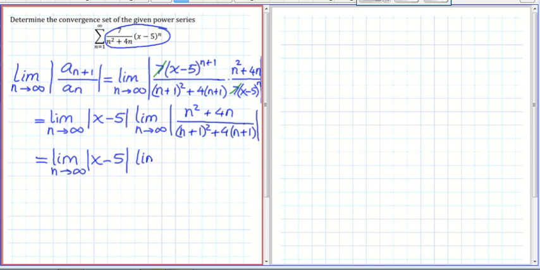On the bottom we have n squared, and after that everything will be less than n squared. It doesn't matter, because when we take the ratio as n goes to infinity, only the one with the highest power matters. So that's just like n squared over n squared. So that whole limit here will be equal to 1. We can also use L'Hopital's rule, but that limit is just 1.